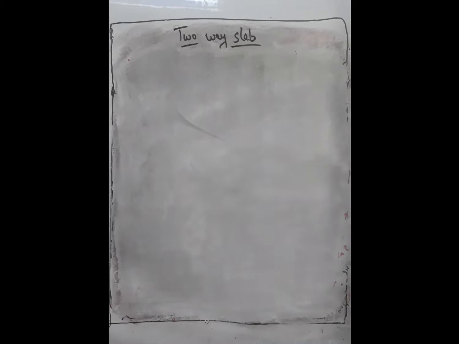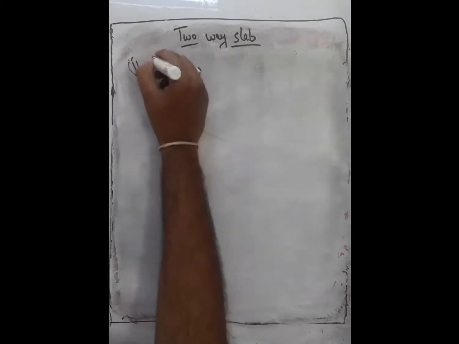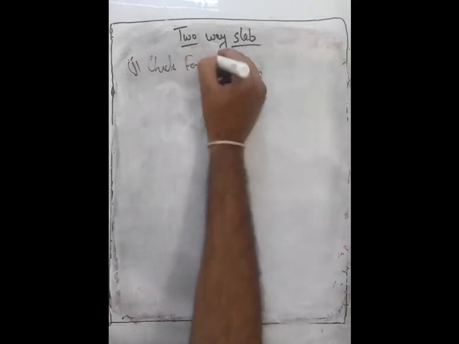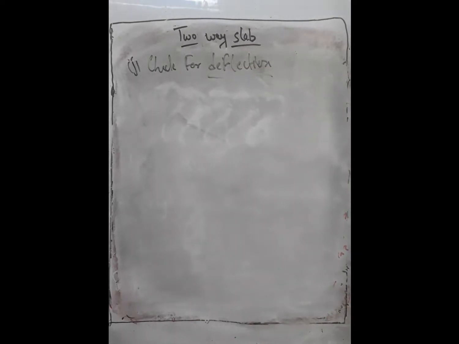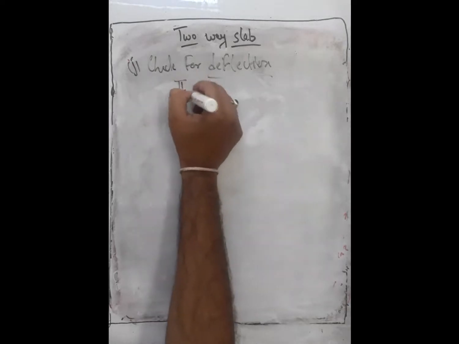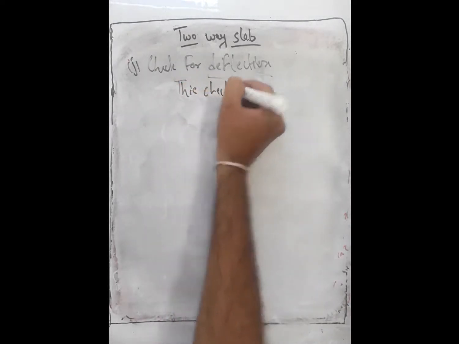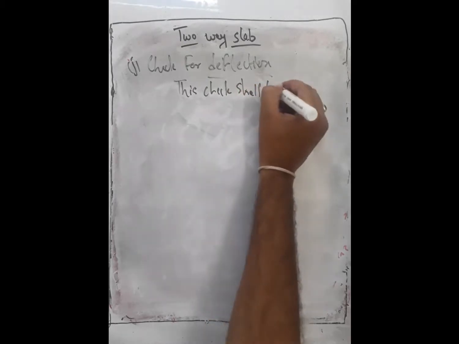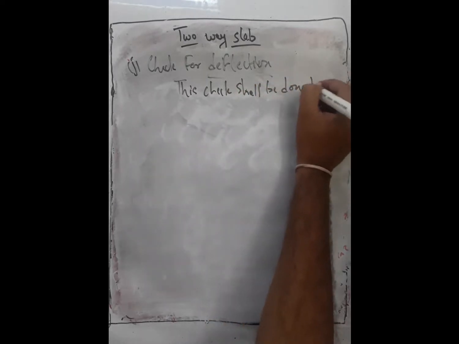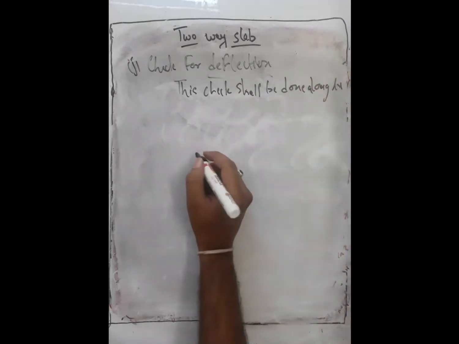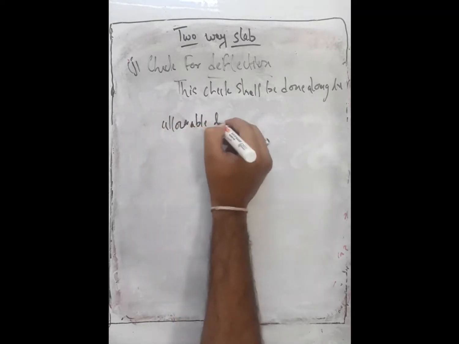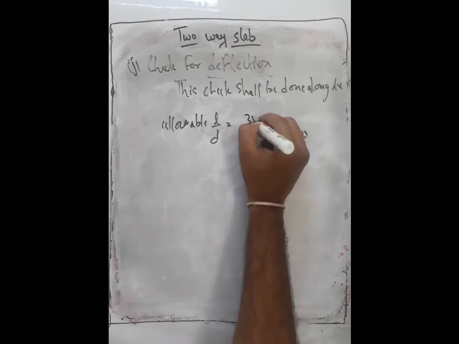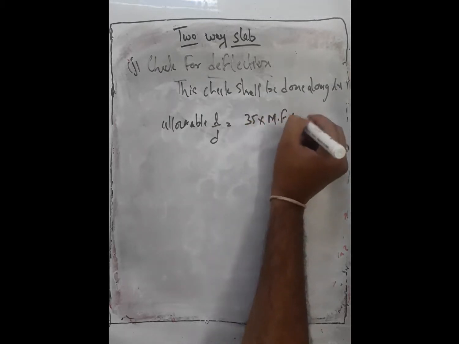Now you have to check for deflection. This check shall be done along Lx. Okay, now we have to find the allowable L by D, which is 35 into modification factor into 0.8.